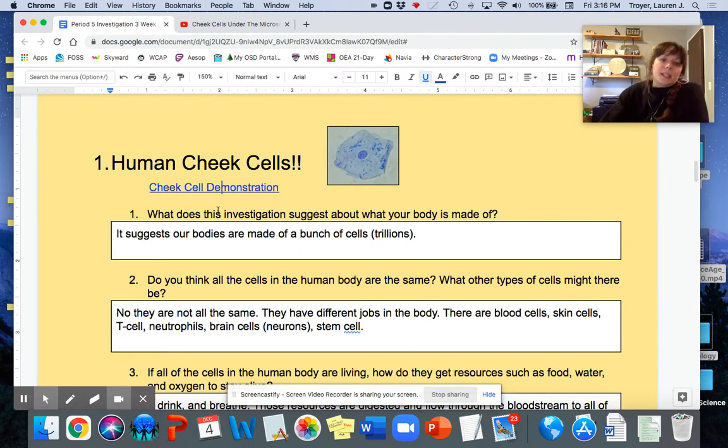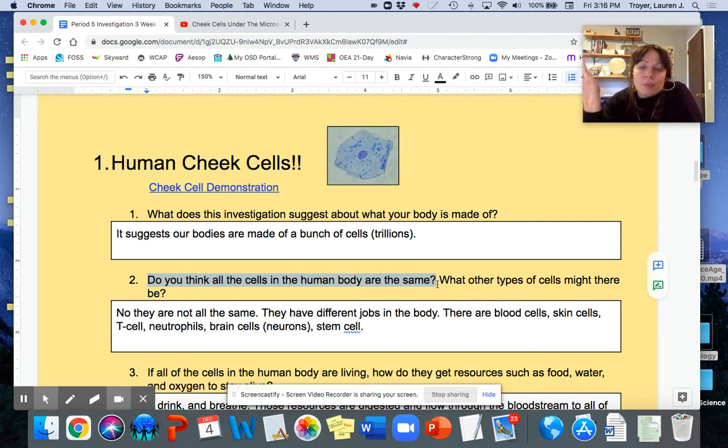So what does this investigation suggest about what your body's made of? Well, just by scraping his cheek with a toothpick, he got out thousands of cells. So it suggests that we're made of so many cells, trillions of cells. Do you think all cells in the human body are the same? Are all the cells just like your cheek cells?